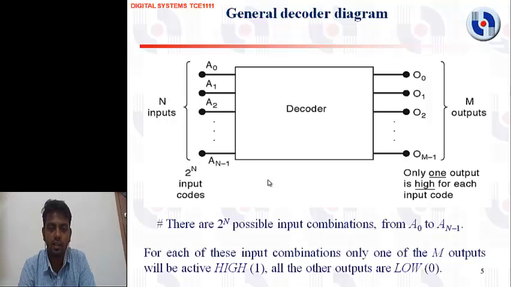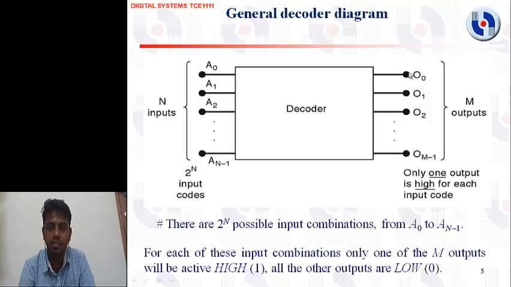This is the basic diagram of a decoder, where n inputs are given to the decoder, and we are converting these n inputs to m outputs. Means when all these inputs are given to the decoder, only one output line will give the output.